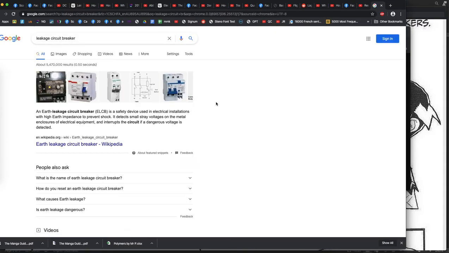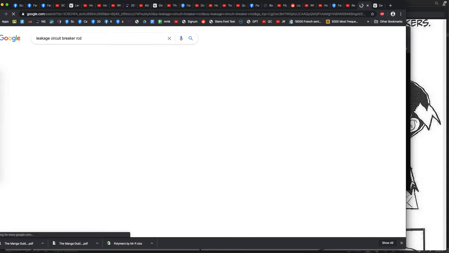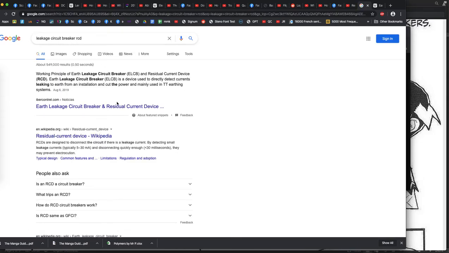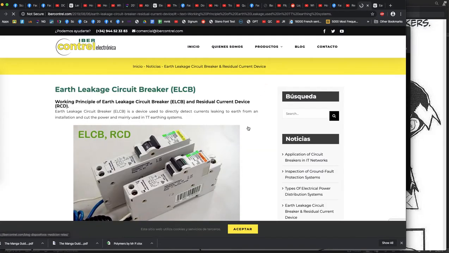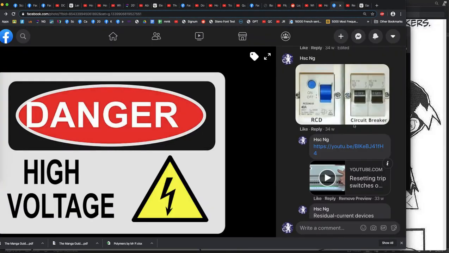An ELCB is a safety device. Once widely used, more recent installations instead use RCDs, residual current devices. So there is a slight difference, but these days we use RCDs. And I'll post that here.